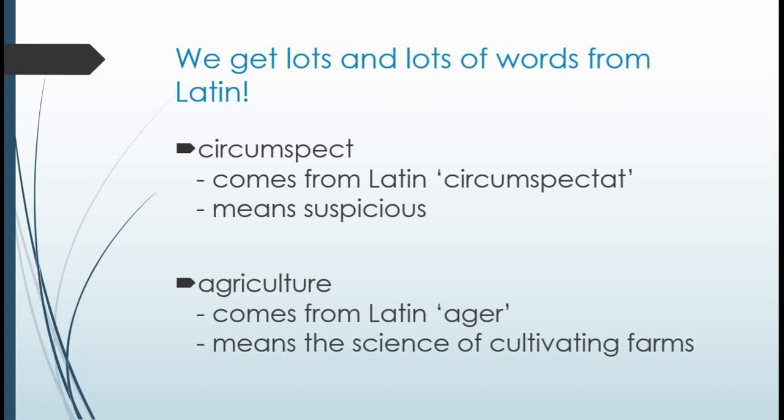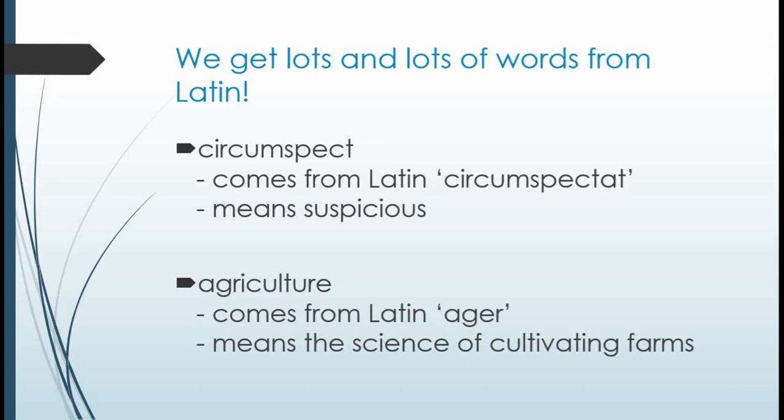Just one more example of this one then. Agriculture. This is a derivative that comes from the Latin ager. The Latin word ager means field. So, funnily enough, agriculture is the science of cultivating farms.